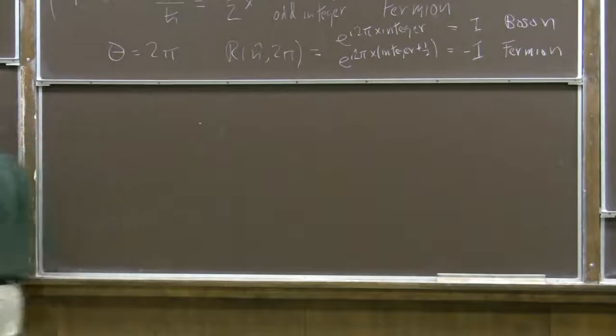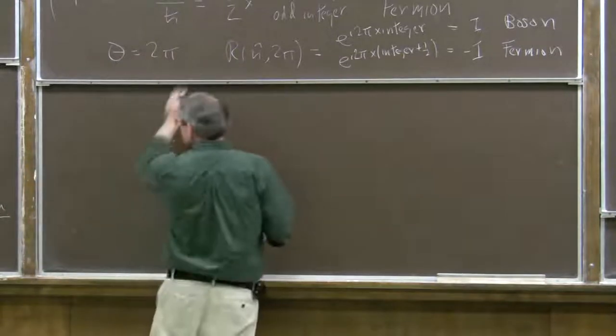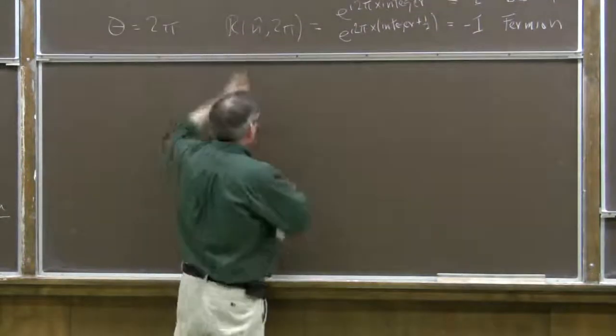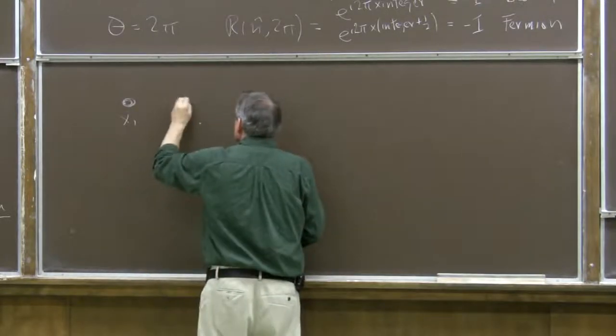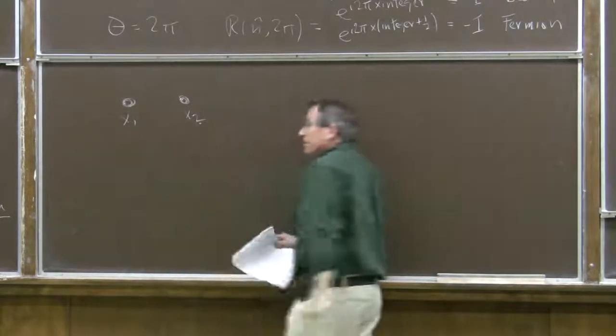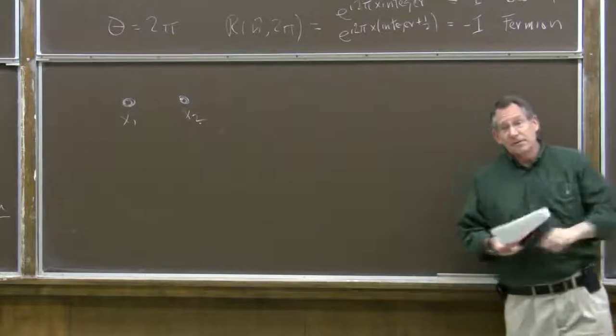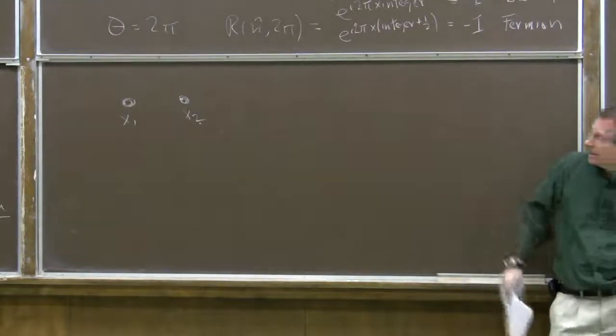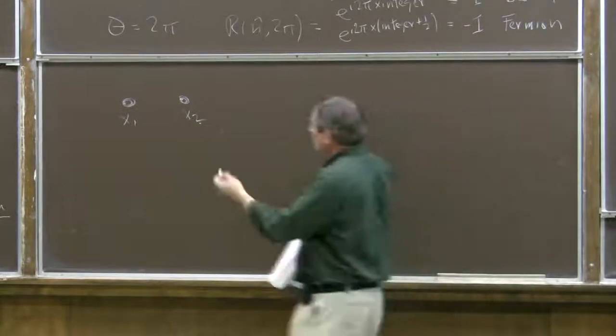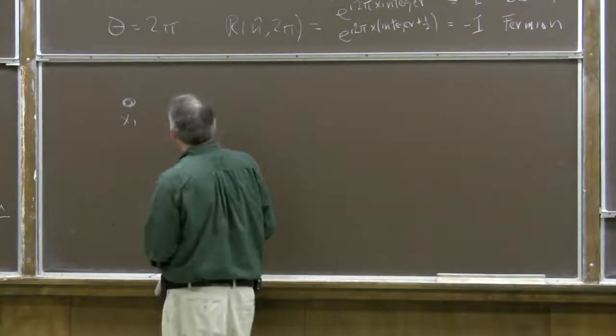Now, there's another way of characterizing the difference between bosons and fermions, which is we consider 2 particles, let's say initially at positions x1 and x2. They're indistinguishable particles, but of course I can distinguish the 2 positions. I know there's a particle at x1 and one at x2. Let's say they're 2 electrons or 2 helium atoms.